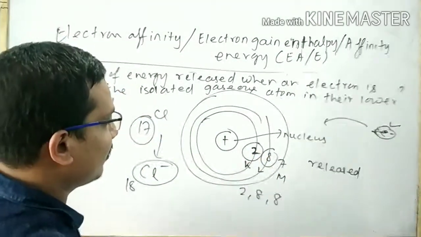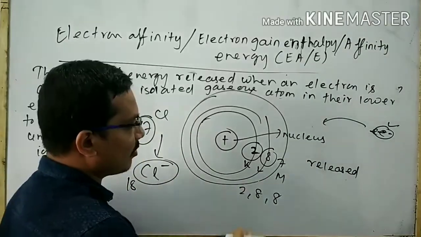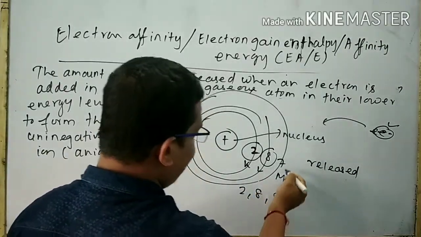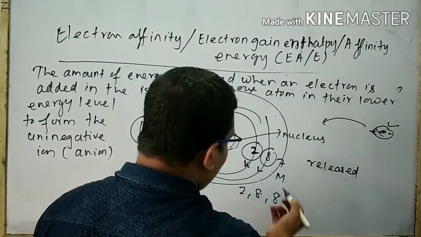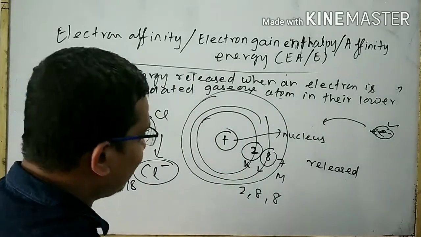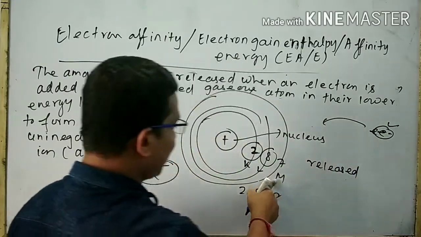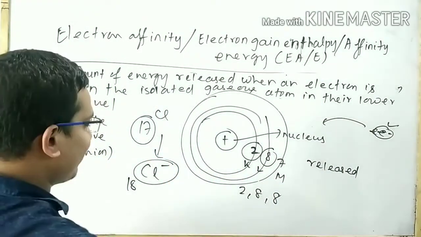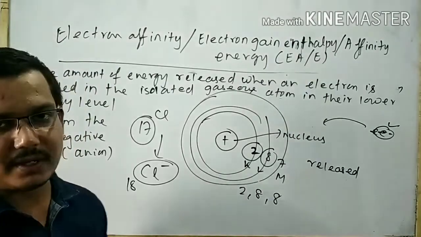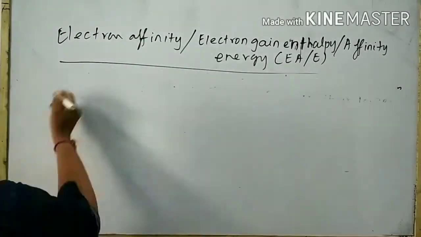So no electron will be added in the K cell or L cell, and the added electron must go into the M cell. The amount of energy released when an electron is added in the M cell of the chlorine atom to form Cl minus ion is called electron affinity.